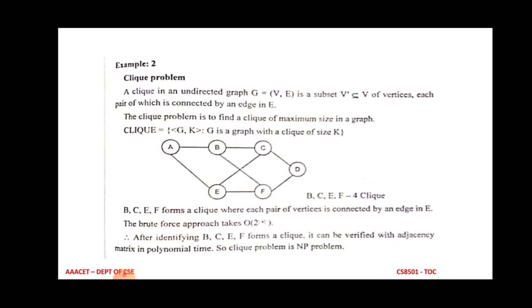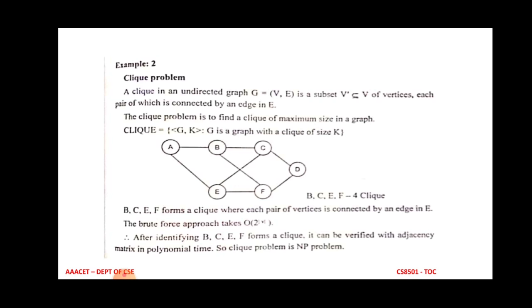Here the vertices B, C, E, F form a clique where each pair of vertices is connected by an edge in E. Consider the vertex B. B is connected with C, B is connected with E, and B is connected with F. C is connected with B and C is connected with E. Next, E is connected with C and E is connected with F. Last one is F, and F is connected with B and F is connected with E. So these 4 vertices form a clique, and the maximum size of the clique is 4.